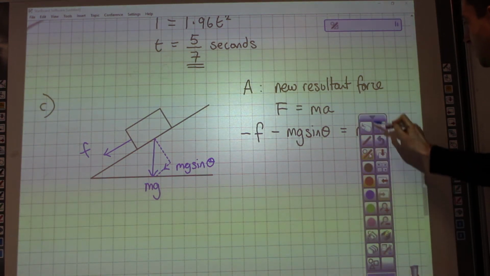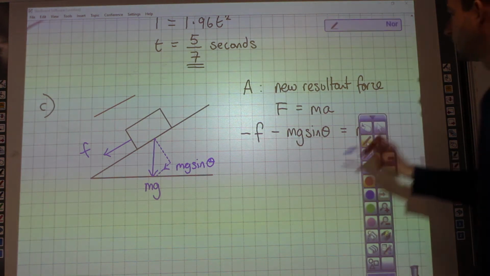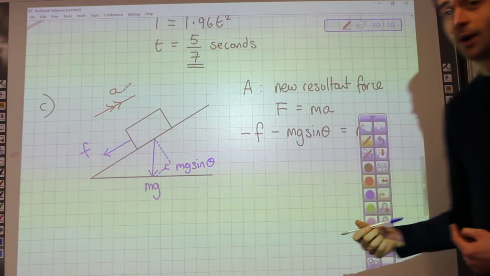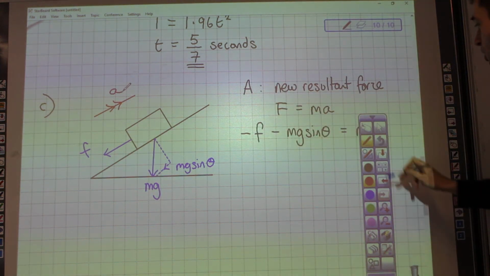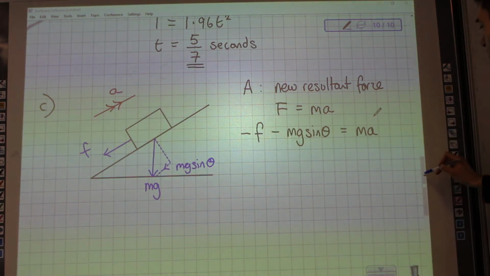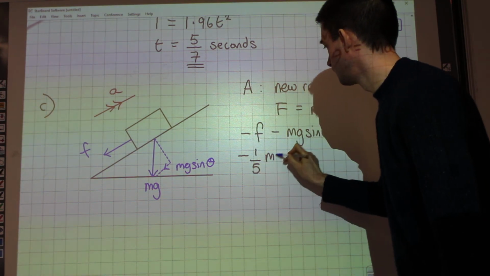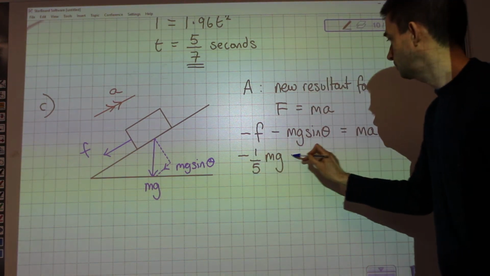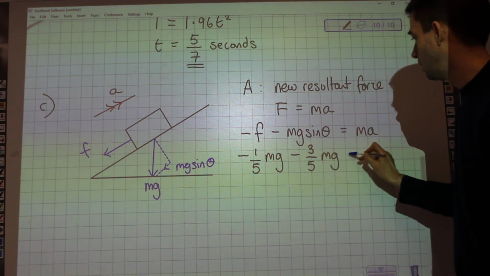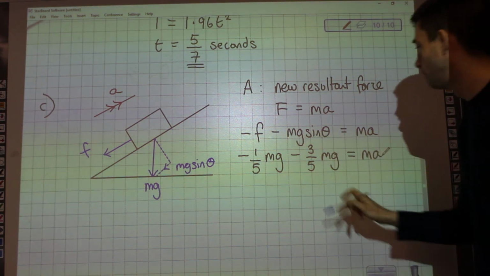They're both negative because A is still moving up the plane, so resolving in the direction of motion, friction and weight are acting down, they're acting against that, so it's opposite. They haven't changed in magnitude, so the frictional force is still 1/5 mg, and the weight component is still 3/5 mg, because sine theta is 3/5, that hasn't changed.